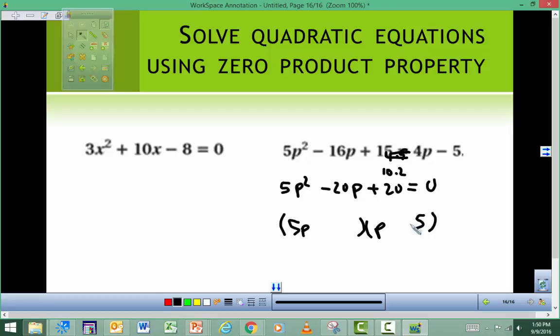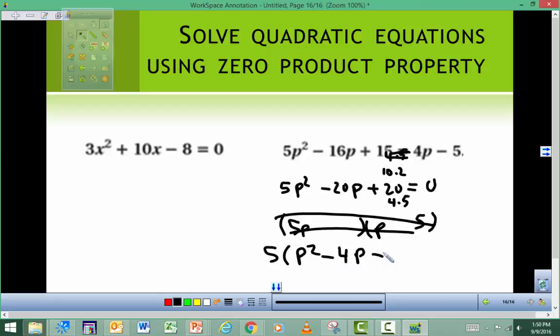I have to use a 4. I've got to use 4, 4, 5. Negative 25, 4. Oh, this is a common factor. No wonder. Take a 5 out first. See? Minus 4, plus 5.